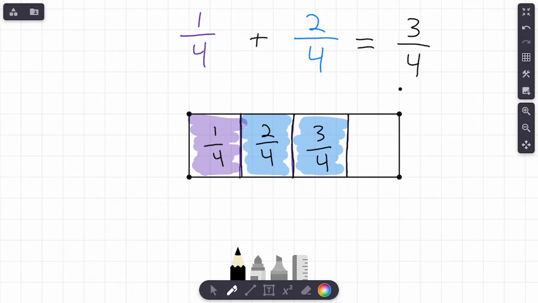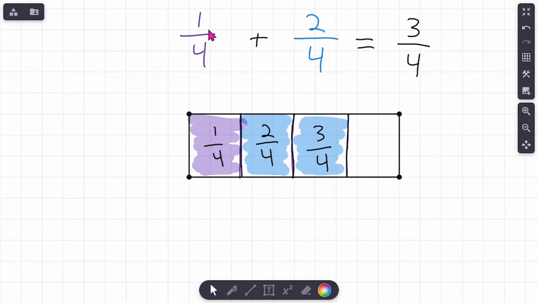Pause for a second. I want you to just look at this and see what you notice from the work we've done. For 1/4 we colored in 1 out of 4 of the sections. Our denominators were the same, so we broke it up into 4 equal pieces: 1, 2, 3, 4.